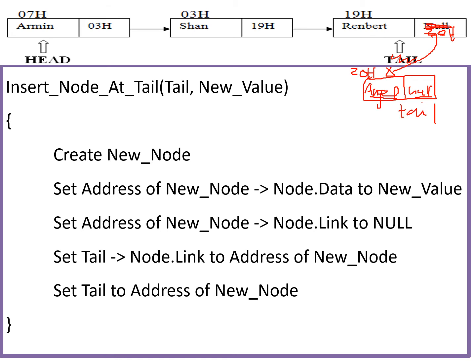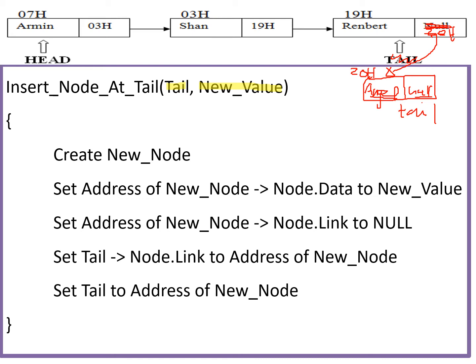Okay, let's try to simulate kung parehas pa rin yung lalabas sa ginawa natin. So, first, let's have the input parameters, no? We have the tail and the new value. The input parameter this time is the tail.